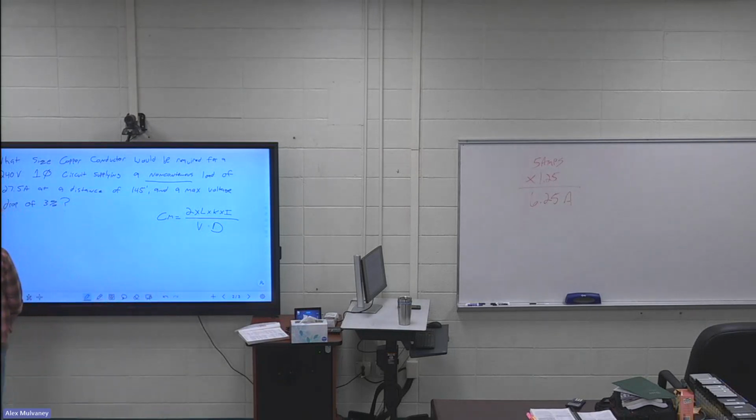So writing in my word bank over here, just going through my question, what size copper conductor would be required for a 240 volt single phase circuit supplying a non-continuous load, 27.5 amps? So what's the first piece of information that we're given? Nope. Even before that.